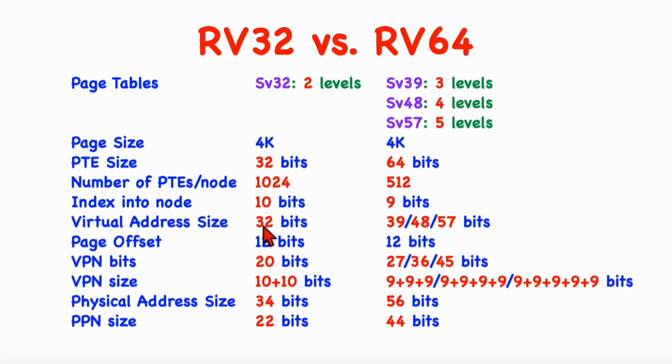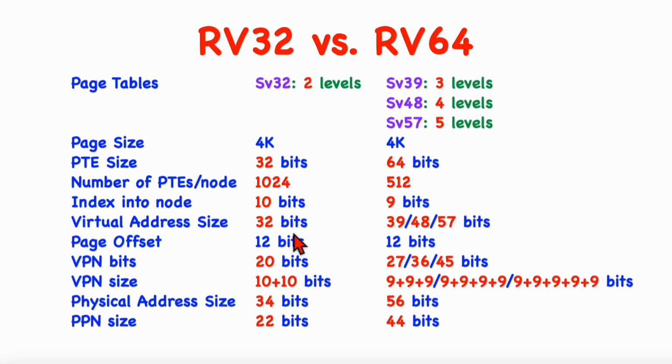For a 32-bit machine, the virtual page number was broken into 2 parts of 10 bits each. 10 bits was just the right amount to index into an array of 1024 page table entries. But with 64-bit machines, we'll now use 9 bits to index into those arrays. The size of the virtual address for 32-bit machines was 32 bits.